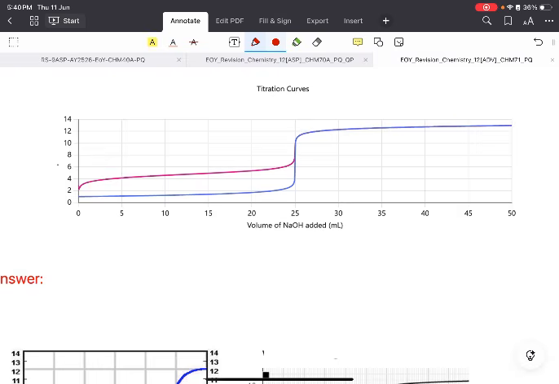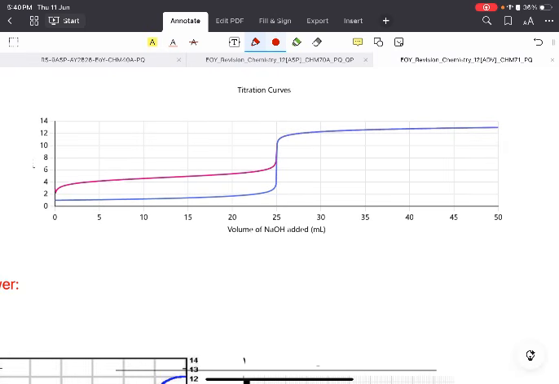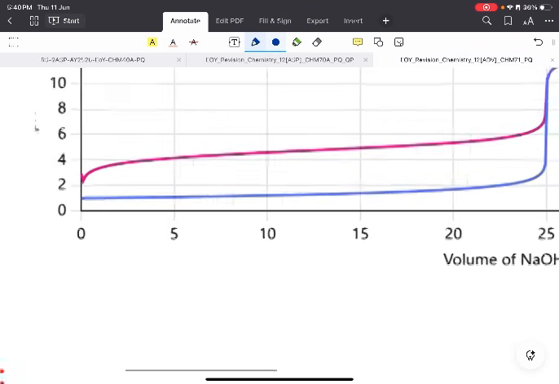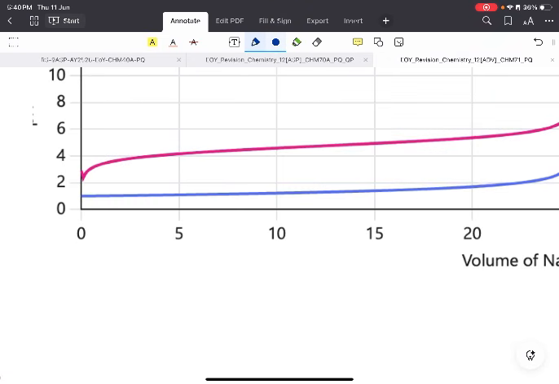Now let's look at, I have here two titrations. The blue one, so I'm gonna change the color into blue, starts almost a straight line. Almost, or let me just say no jump at start.